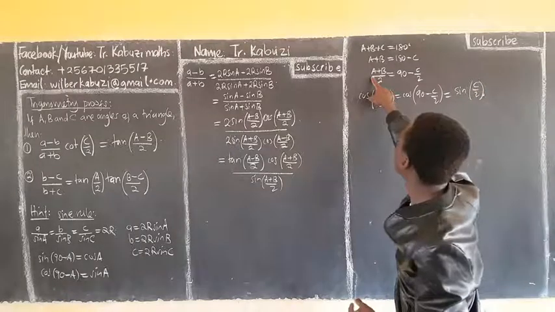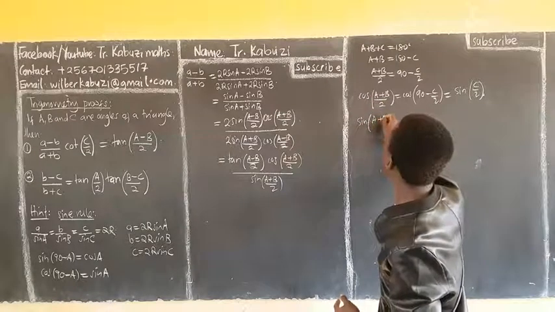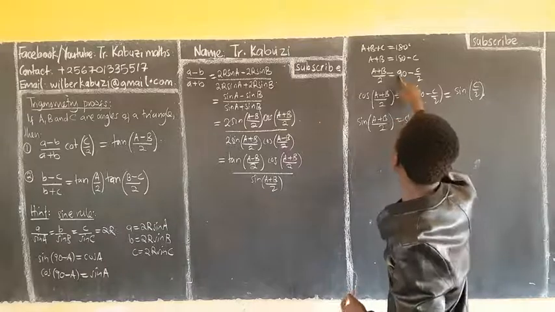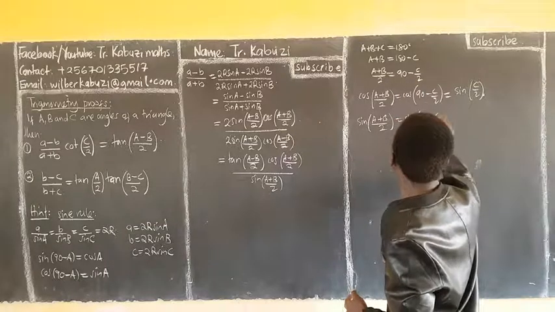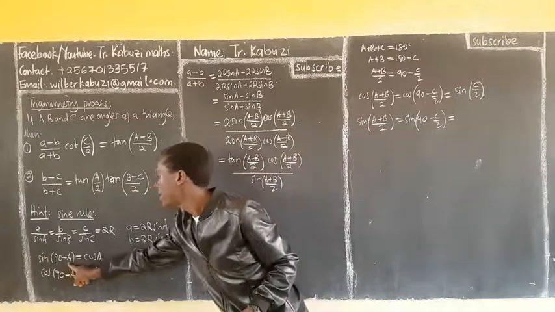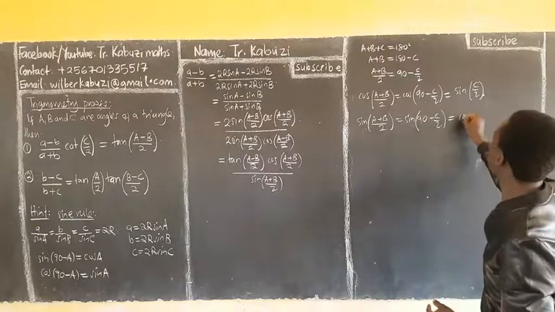Then if I introduce sine here, it's going to be sine of 90 minus C over 2, which will be the same property. If you have sine of 90 minus something, you're going to get cos of that something, which will be now cos of C over 2.